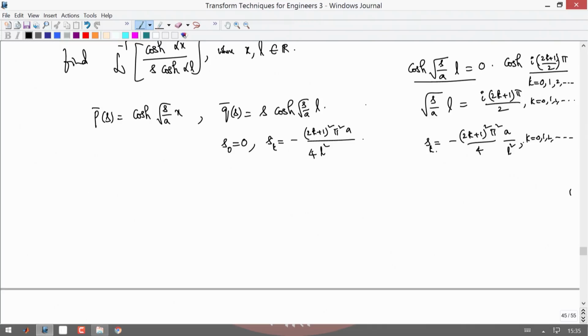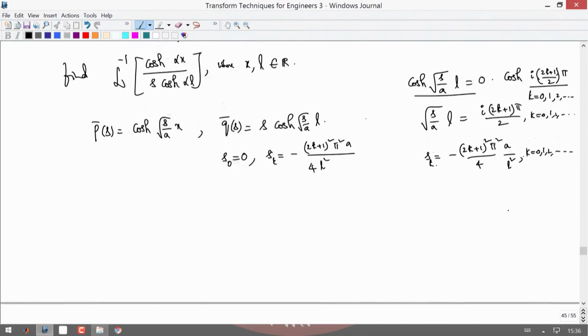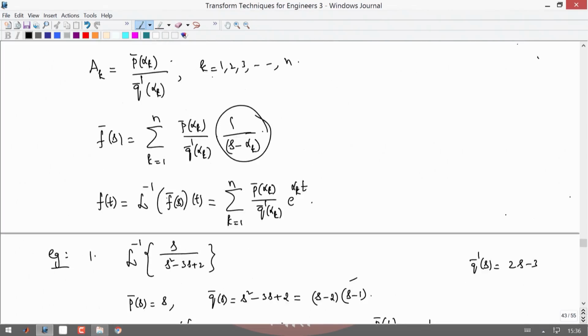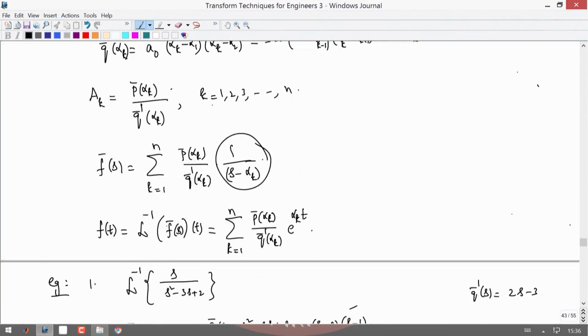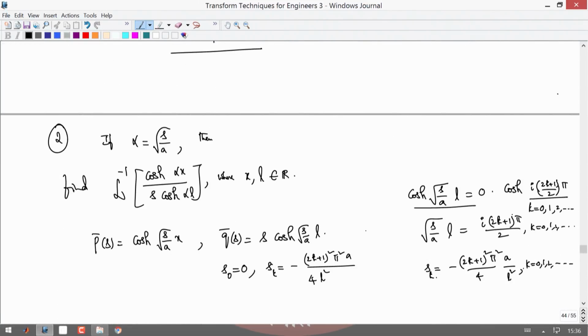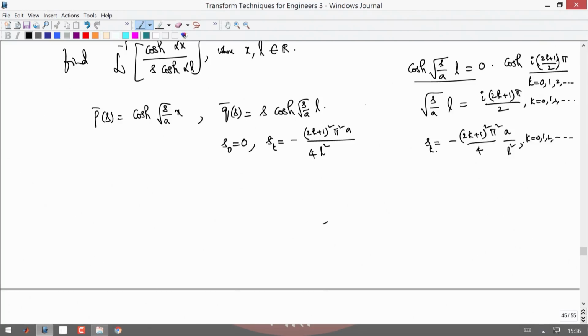Because they are negative roots, as you will see in the next technique to find the Laplace inversion, the general way using the Bromwich contour integration, these will contribute as residues at these poles.